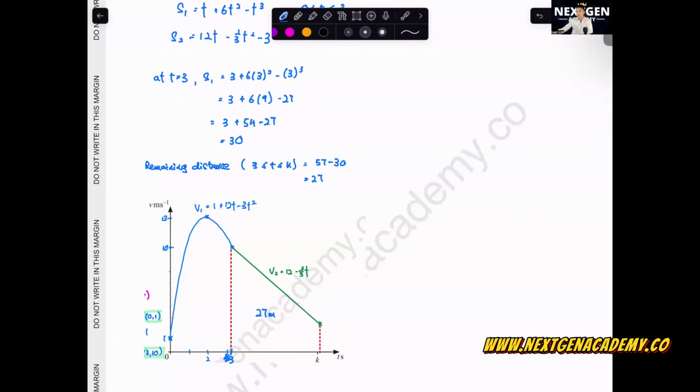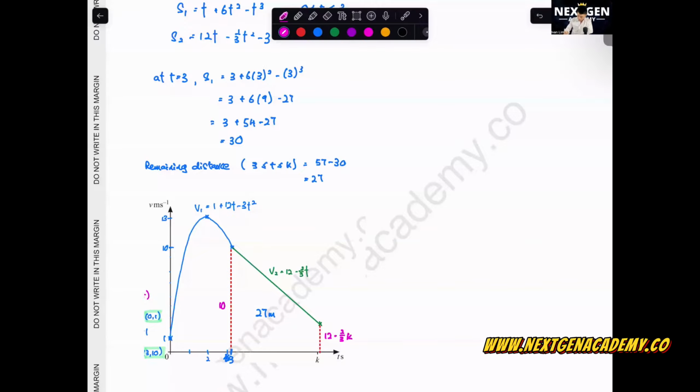So this one we can use the area of a trapezium. Let's see what values we have. This part here is 10. When t equals k, this part here will be 12 minus 2 over 3k.